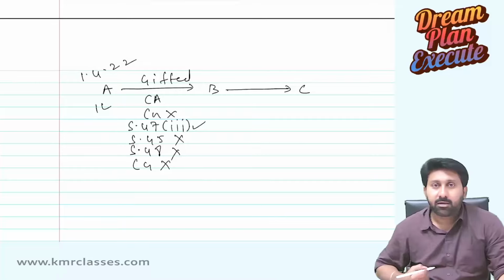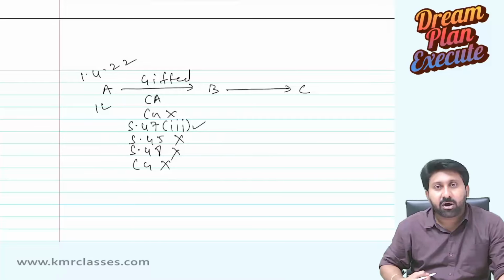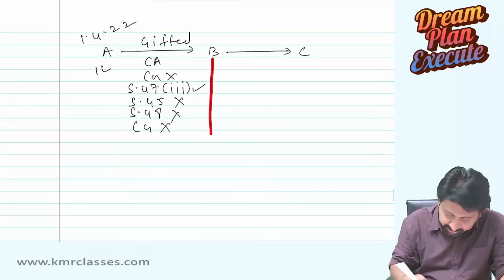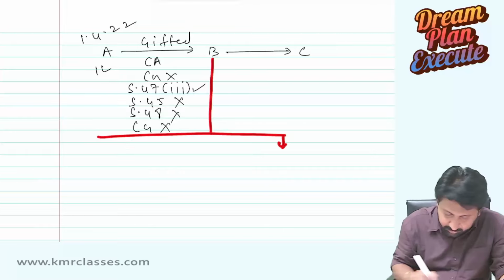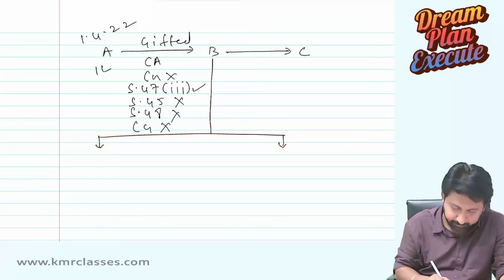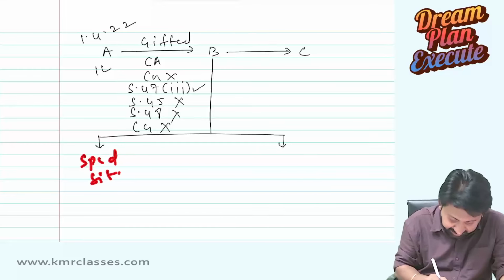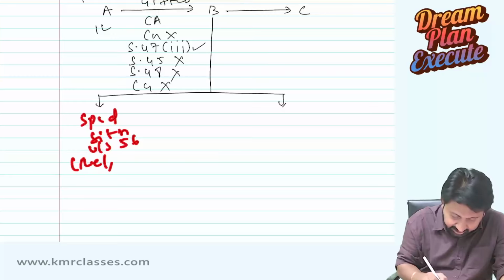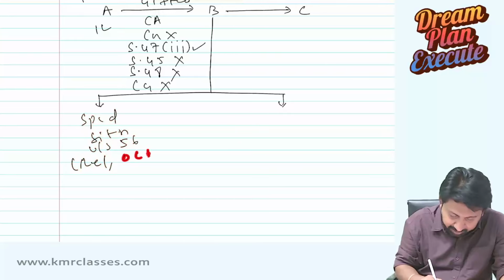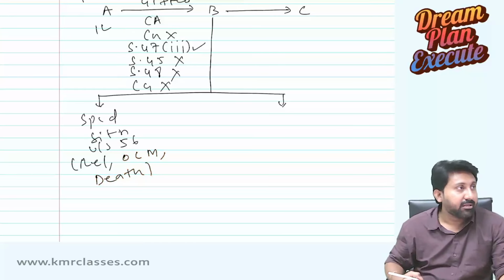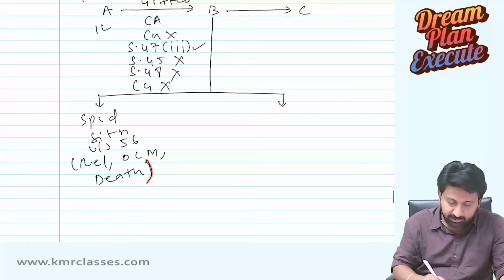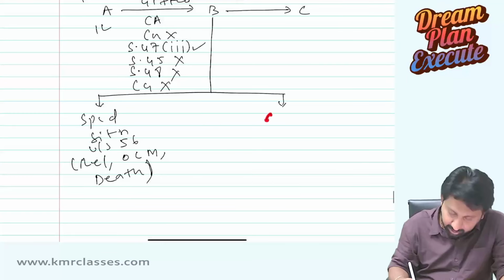B. Whether it will be taxable to him or not taxable situations. Specified situations under section 56, like relative, occasion of marriage, death contemplation, etc. These situations are okay, or other cases.